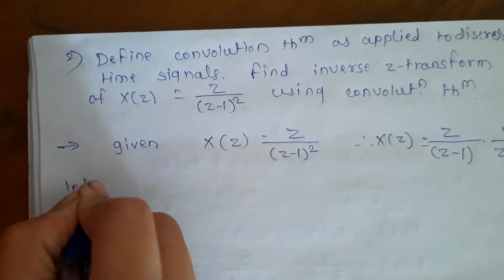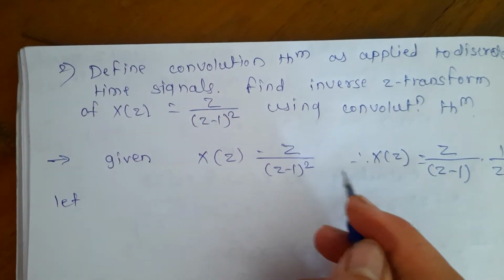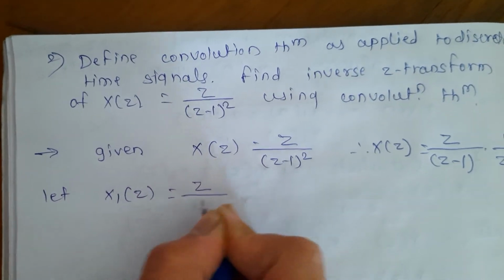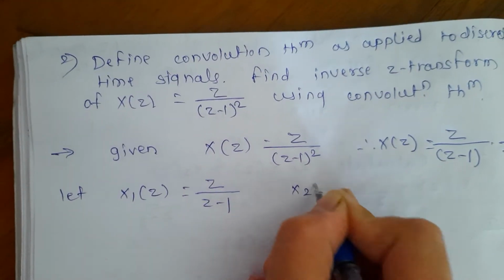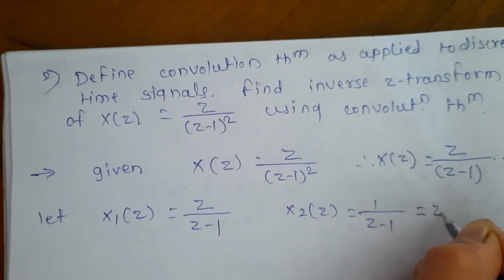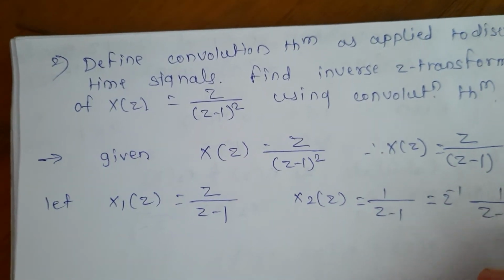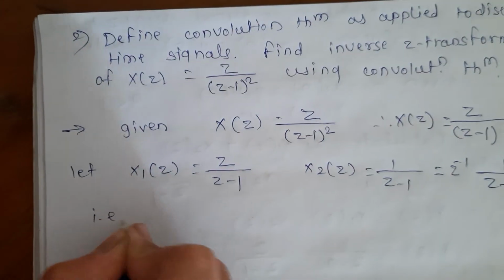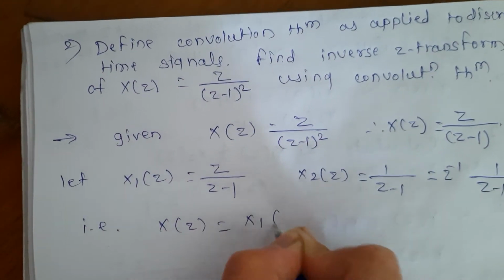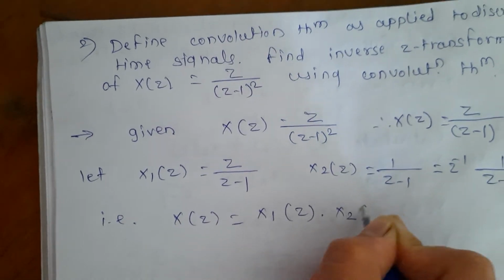We just split this term. So let X1(z) is equal to z by (z minus 1) and X2(z) is equal to 1 by (z minus 1), that is X(z) is equal to X1(z) into X2(z).